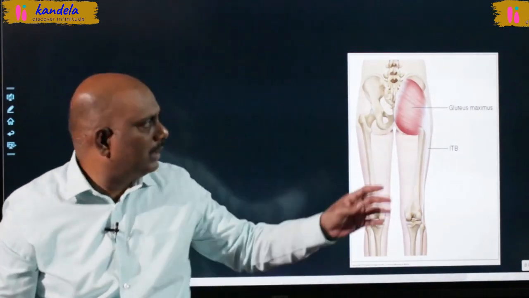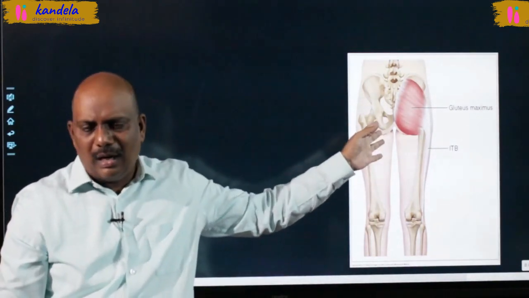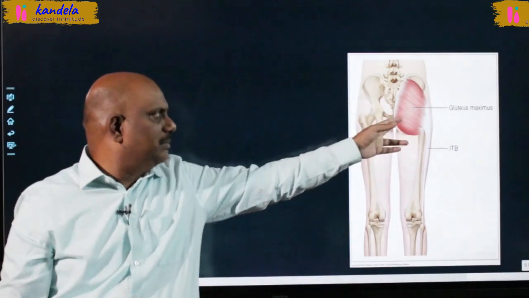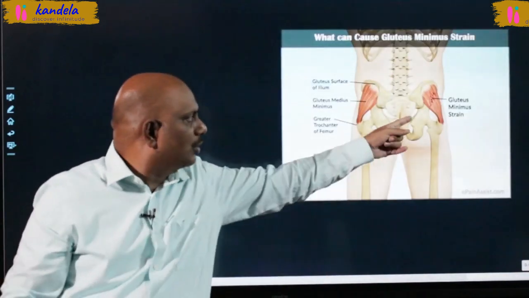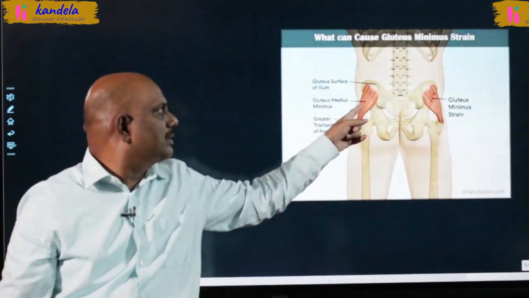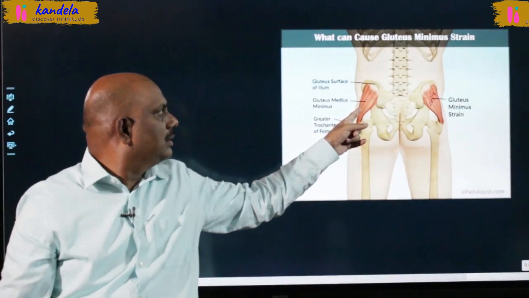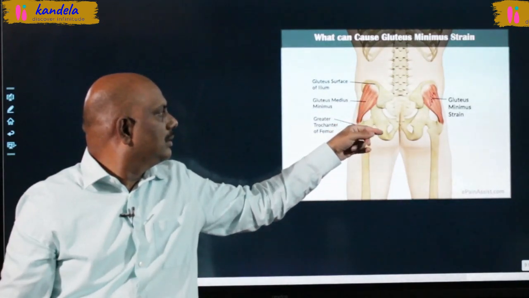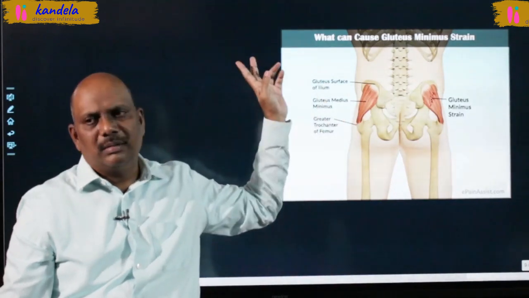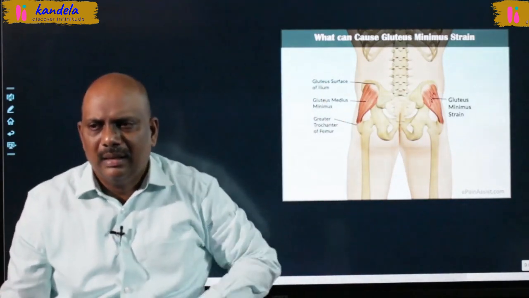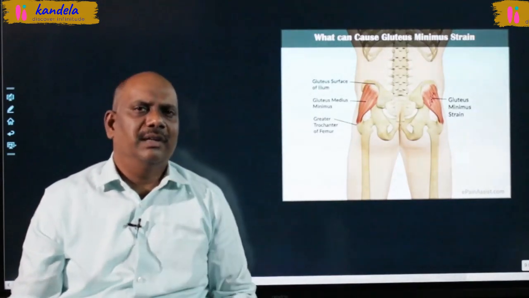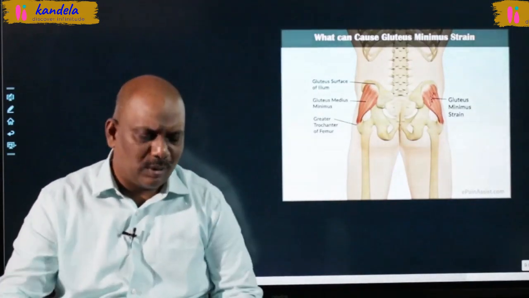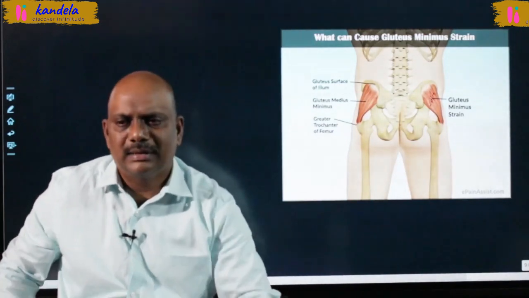This is gluteus maximus. This muscle is gluteus maximus. And this is gluteus minimus. Gluteus medius, gluteus minimus. These two muscles stabilize our pelvis when we are walking. These two muscles are totally absent for Australopithecus.